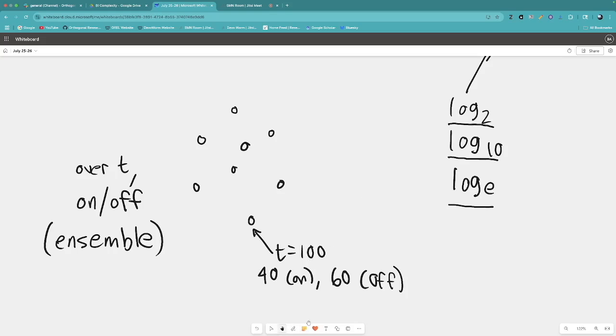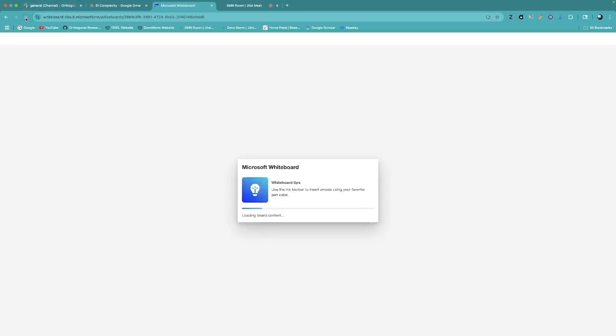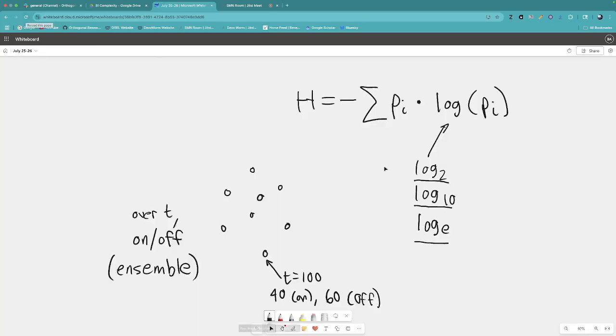If we go back to our equation here, this frequency is going to plug into p_i.